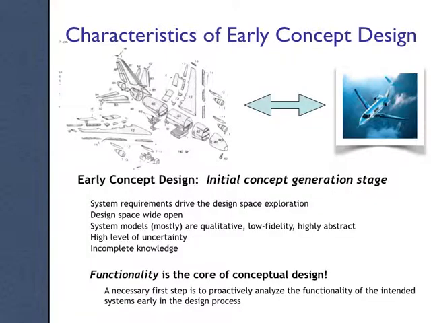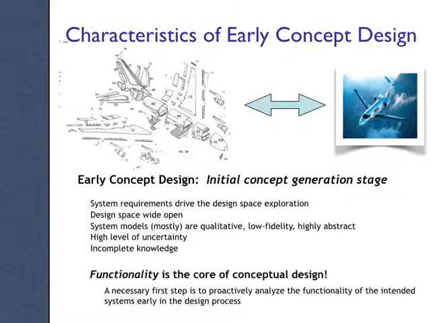This slide is showing a little bit more about the design process and motivating some of the earlier stages of design. The method that I'm going to present today is geared more toward early design, functional design. It's talking about the system requirements and design exploration. In the early stages of design, we're developing requirements which shape the rest of the design process.